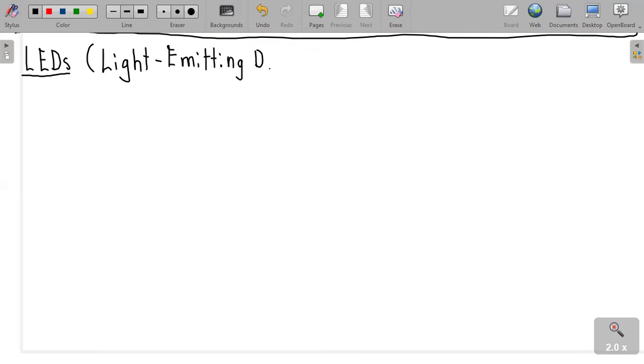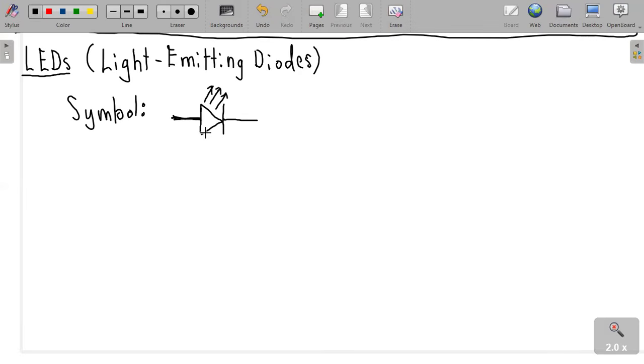A light emitting diode has its own symbol: a small rectangle like this with a line, and there are arrows that go out to show that this is a light emitting diode.